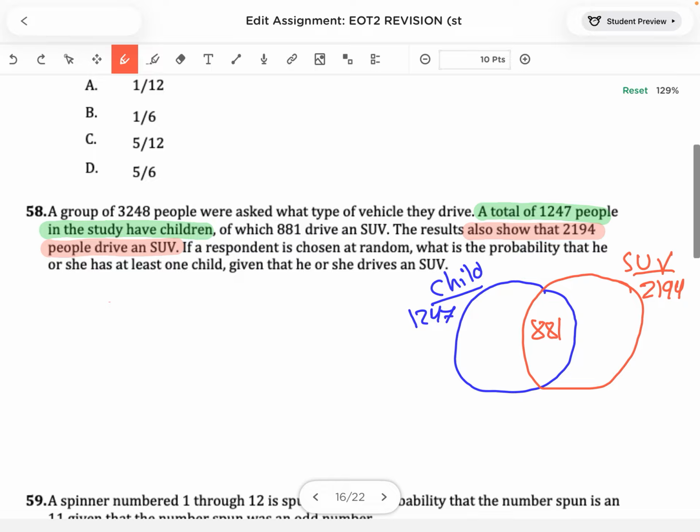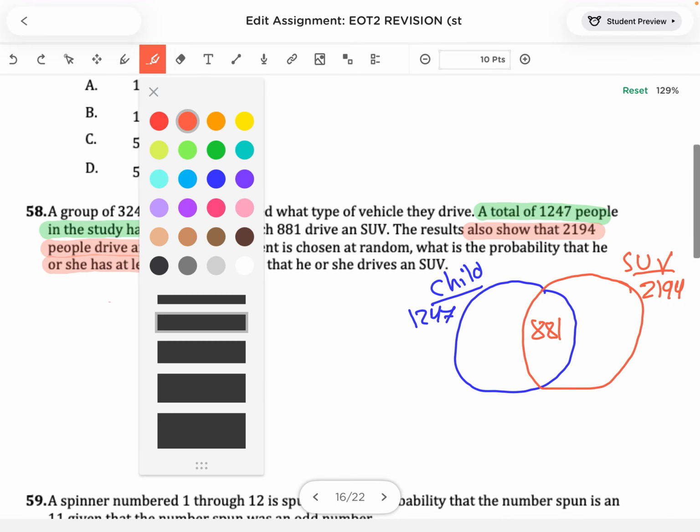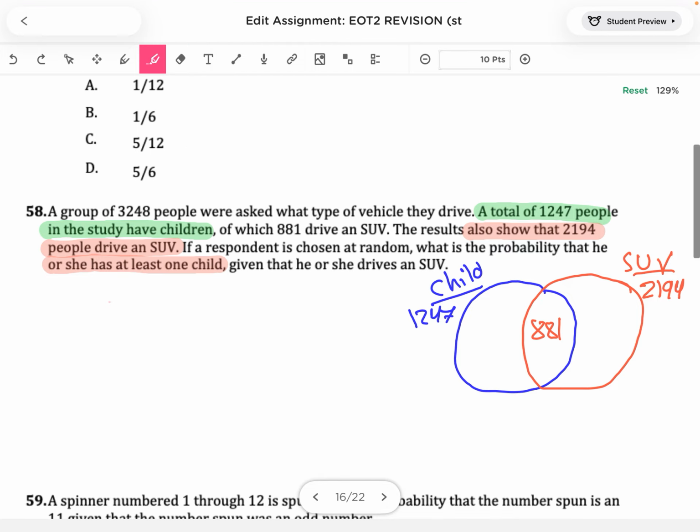Okay, what does the question need? We need the probability that he or she has at least one child, given that. So what is the condition? They drive an SUV. So if you want to solve it straightforwardly, how many drive an SUV? It is 2,194. How many of them have a child?